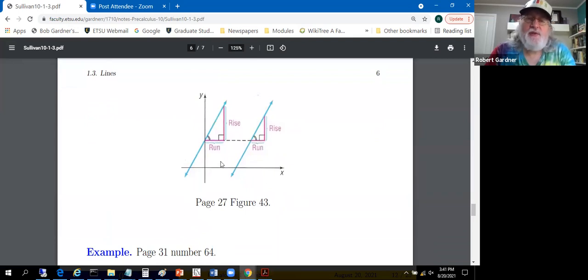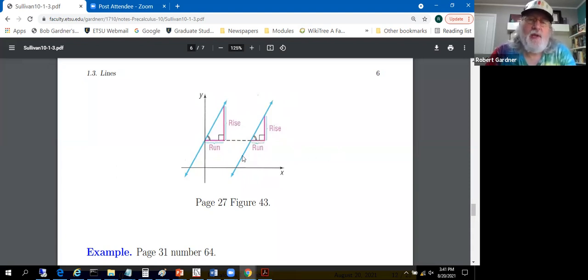The motivation for those above comments is look at these 2 lines. They have the same ratio of rise to run. In all the pictures we've seen, these have been lines going uphill, lines with positive slope, which is a little bit regrettable. We didn't have more visual diversity in what we did.